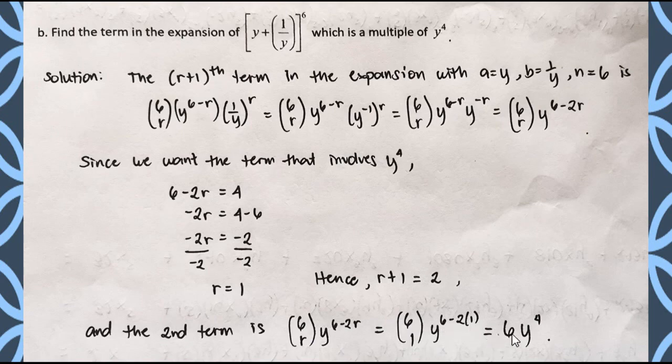And that is equal to 6 y to the power of 4. So, ang term, atong answer is kani 6 y to the power of 4. Kung numerical coefficient lang ang gipangita, the answer is 6. Pero ang term man atong gipangita diri, so the answer is 6 y to the power of 4.